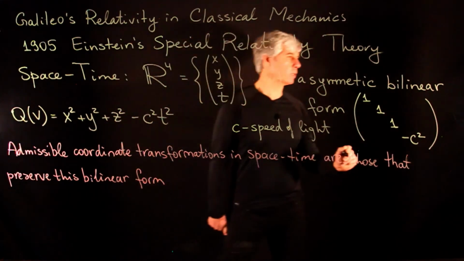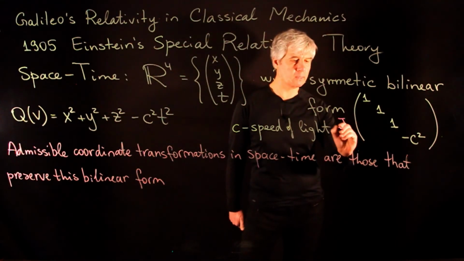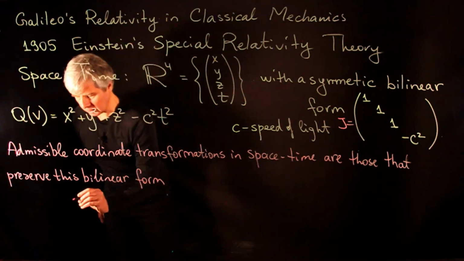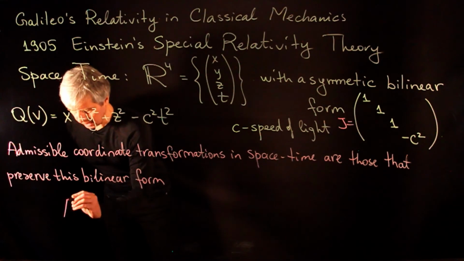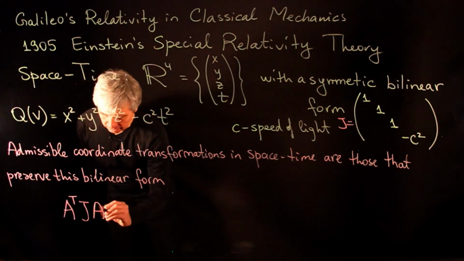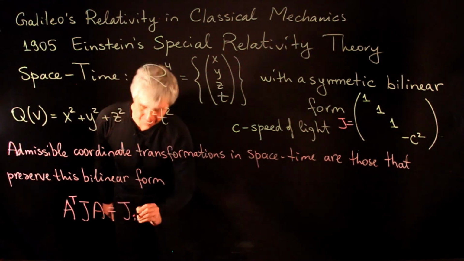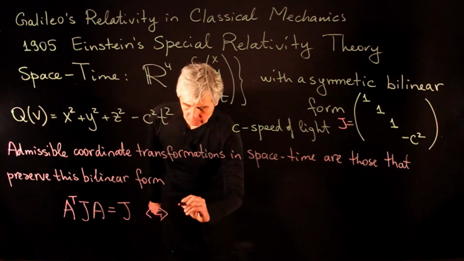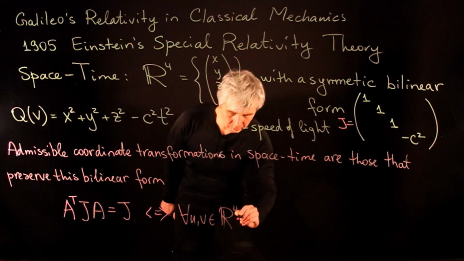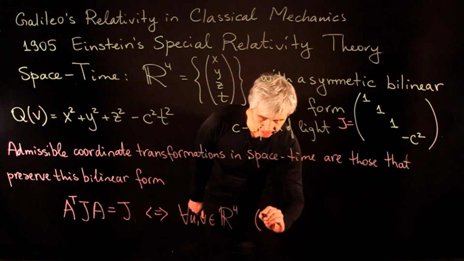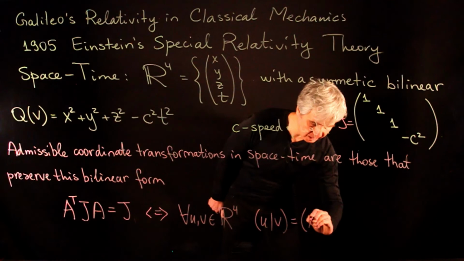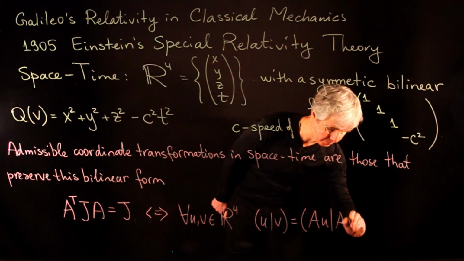So if we denote this matrix by J, then we are looking at the matrices satisfying the property that A transpose times J times A is equal to J. Or equivalently, for all U and V in R4, we will have that the bilinear form of U, V is equal to the bilinear form of AU with AV.